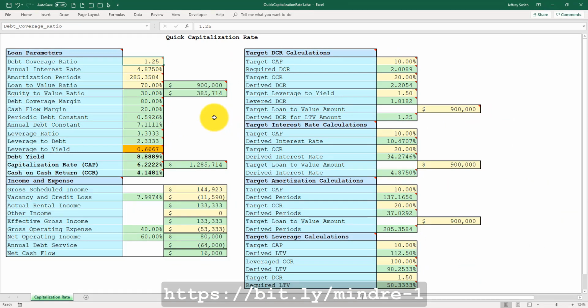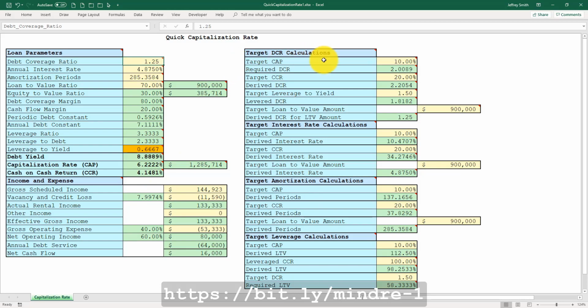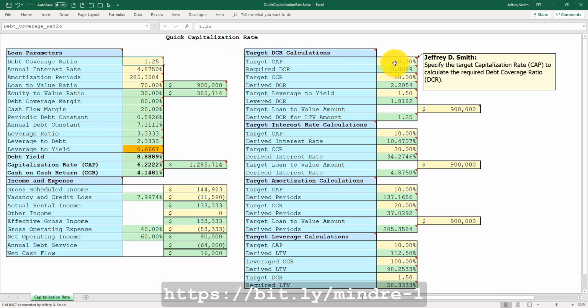So with this quick capitalization rate spreadsheet, you can plug in the four lender parameters: debt coverage ratio, annual interest rate, amortization periods, and loan to value ratio, and you can determine the debt yield, the cap rate, the cash on cash return. You can also do what if calculations.